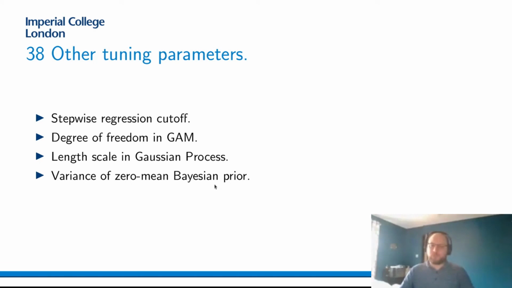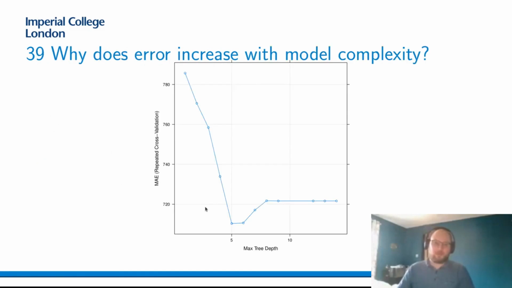Or if we're using Bayesian models, and you've got a prior on the regression coefficient for a particular covariate, often that might be a zero mean prior, and defaults in many software would be a very diffuse prior, but that prior can become stricter and stricter around zero. And again, the strength of that you might consider a tuning parameter sometimes, if you're not fitting it in a very Bayesian a priori way, you might just tune that parameter.